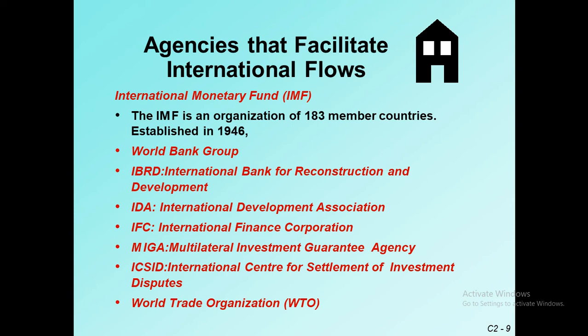Next is the IDA, International Development Association, established in 1960. That is an agency which lends to the very poor developing nations on highly concessional terms, very deep discount terms. IDA lends only to those countries that lack the financial stability to borrow from IBRD.